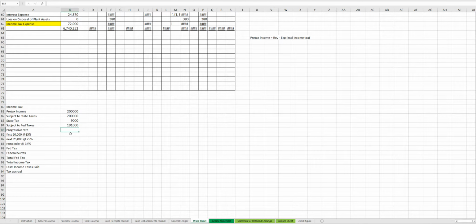Then we're going to work on the federal income tax, which adopts a progressive rate. The first $50,000 is subject to 15%. We are well above $50,000, so first we're going to pay 15%.